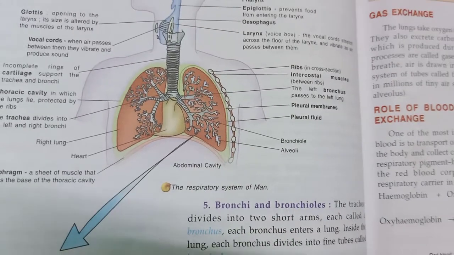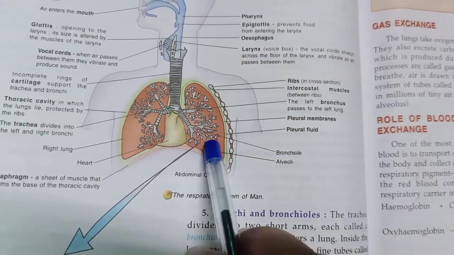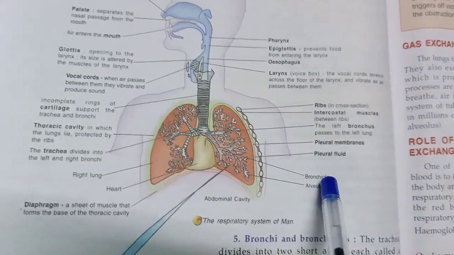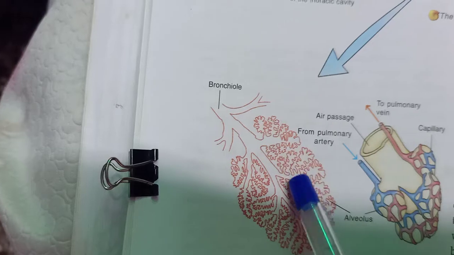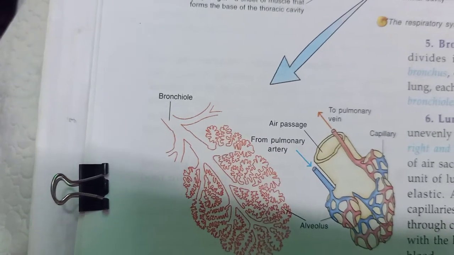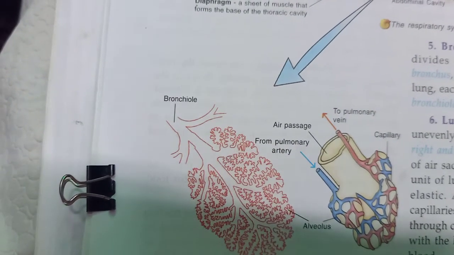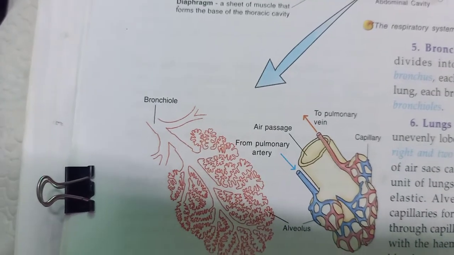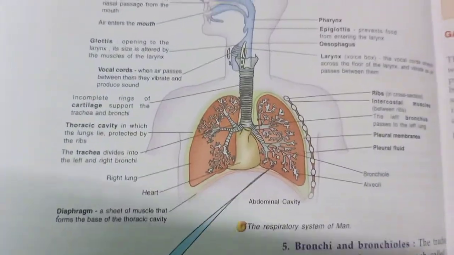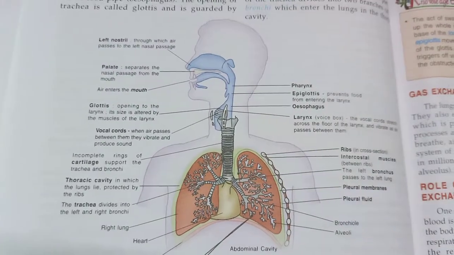You can see the small tubes here, known as bronchioles, and these parts are the alveoli. So here is the diagram of the human respiratory system.